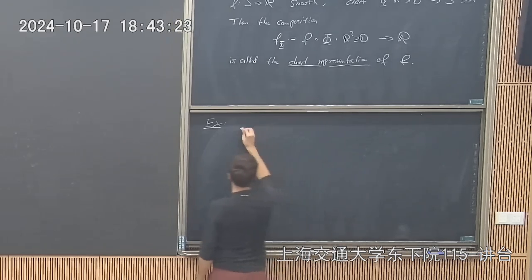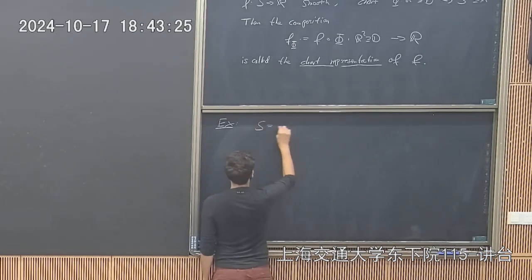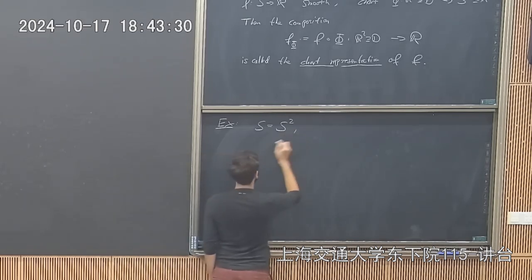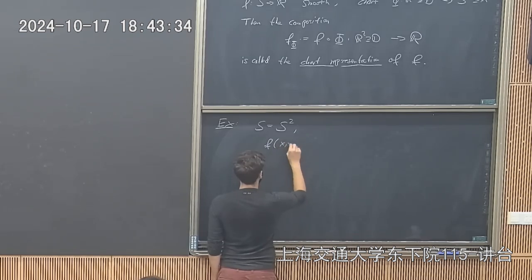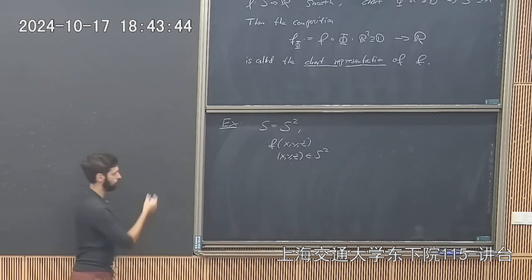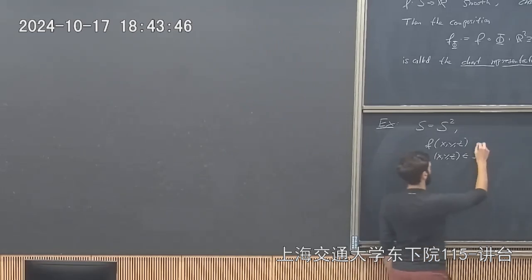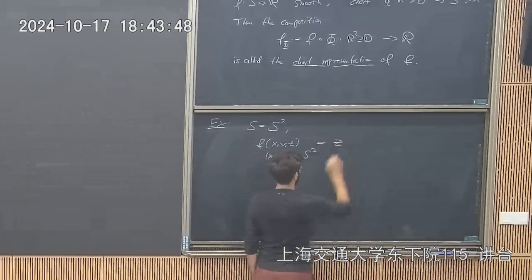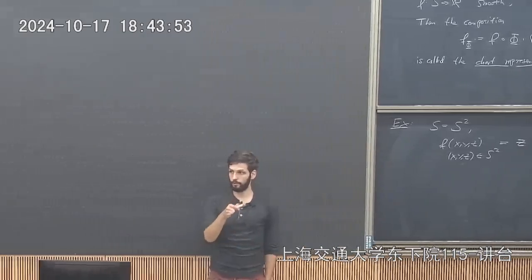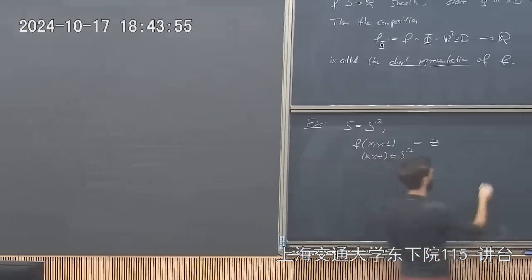So for example, S we take to be just the standard sphere, and we define f of a point x, y, z, where x, y, z is some point on the sphere, so the norm of that vector is just 1. And for example, we can consider an easy function: it's just the third component, z.